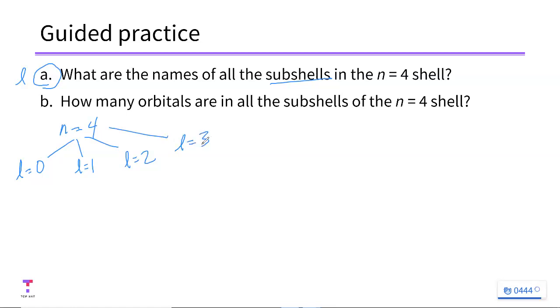Now, how do I know that those are the 4 allowed values? Well, we have to remember our rules. Our rules tell us that we start at 0 for L, and we go all the way until n minus 1. So if n is equal to 4, n minus 1 is 4 minus 1, which is 3. So 3 is the biggest that L can be, 0 is the smallest, and we fill in all of the whole numbers in between.